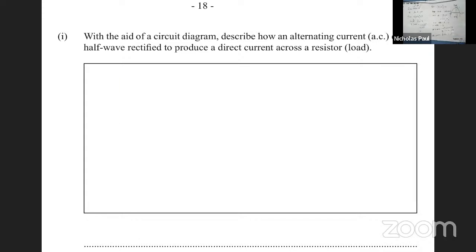Right, so firstly you should have an alternating supply. You should have your diode, your little switch here, and you should have a load and a voltmeter.